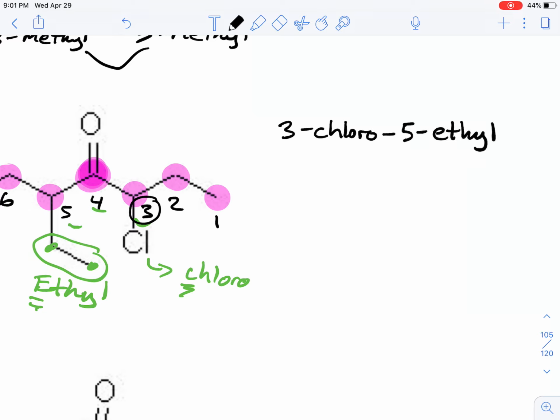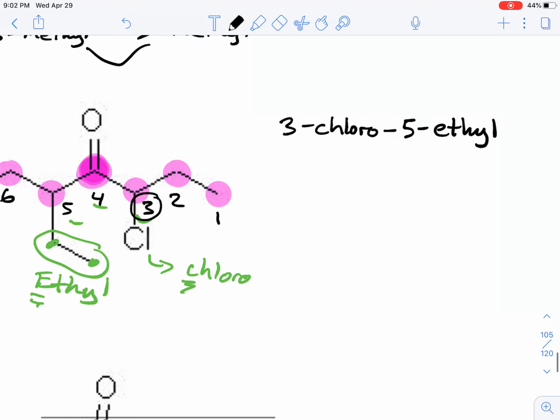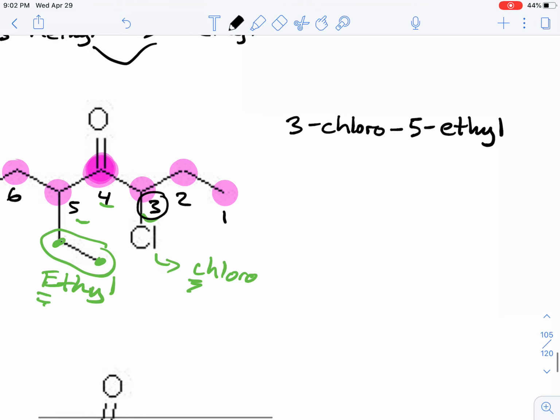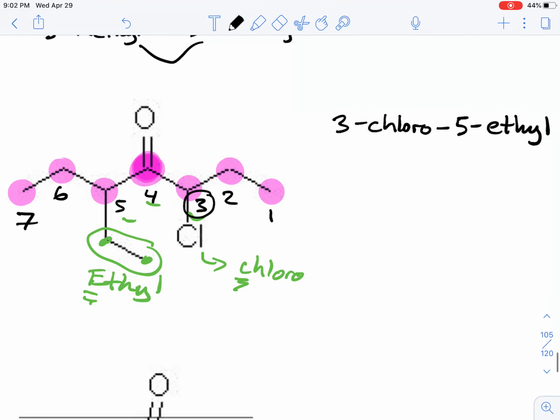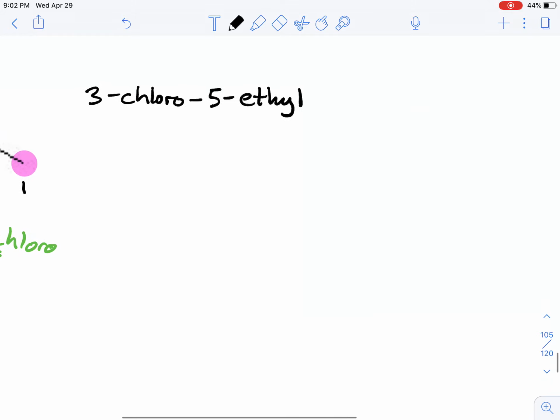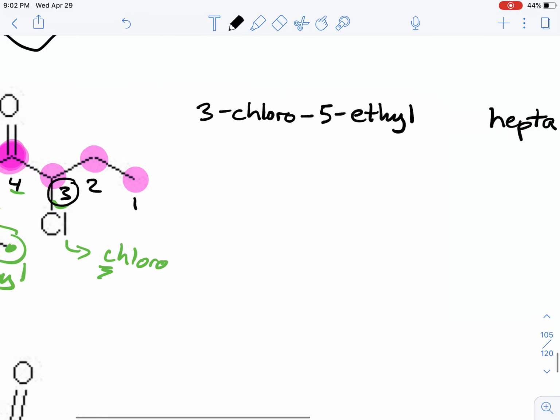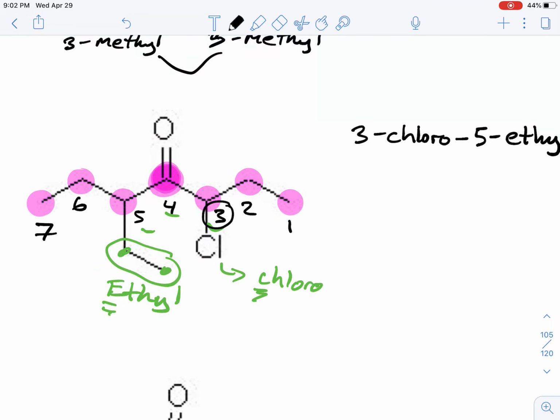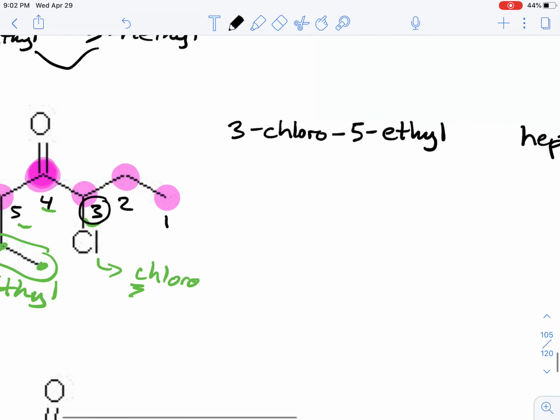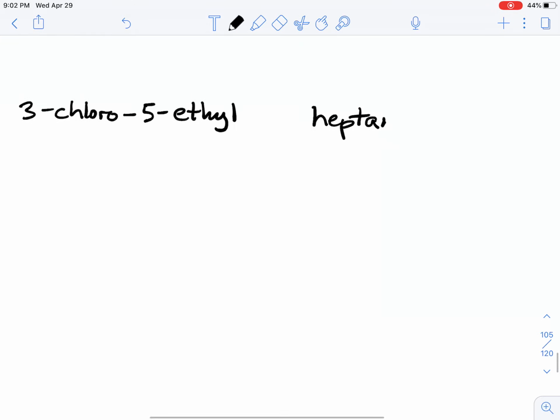And then now that we have all of our substituents named and numbered, we're going to go ahead and discuss our parent chain. So since we have a 7-carbon parent chain, we're going to use hept. And so notice that they're all single bonds in the parent chain. So this is going to be heptane.